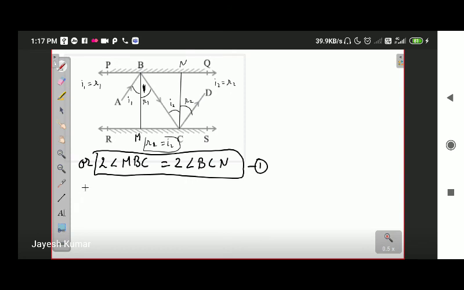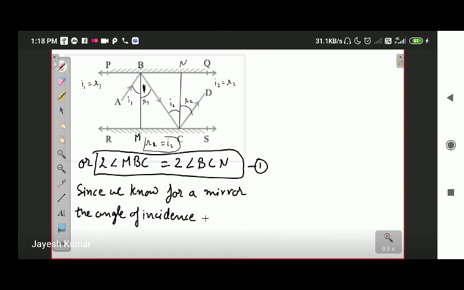Since we know for a mirror, the angle of incidence is always equal to the angle of reflection, what does it mean?